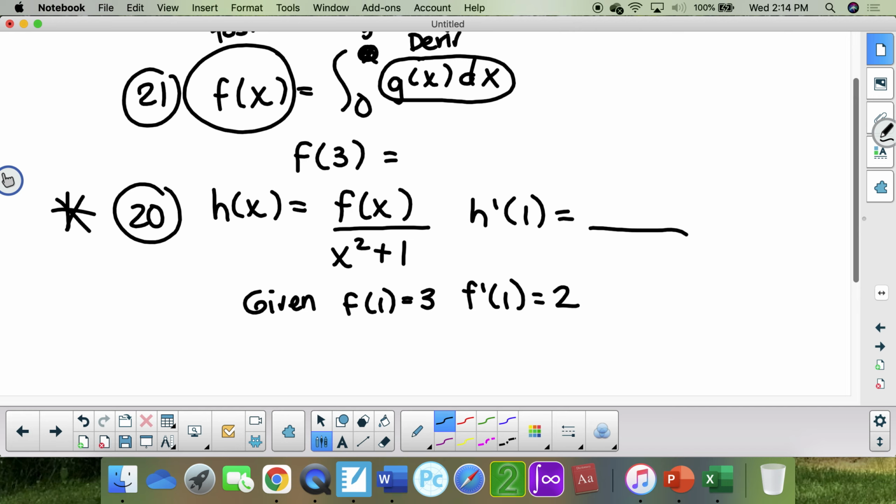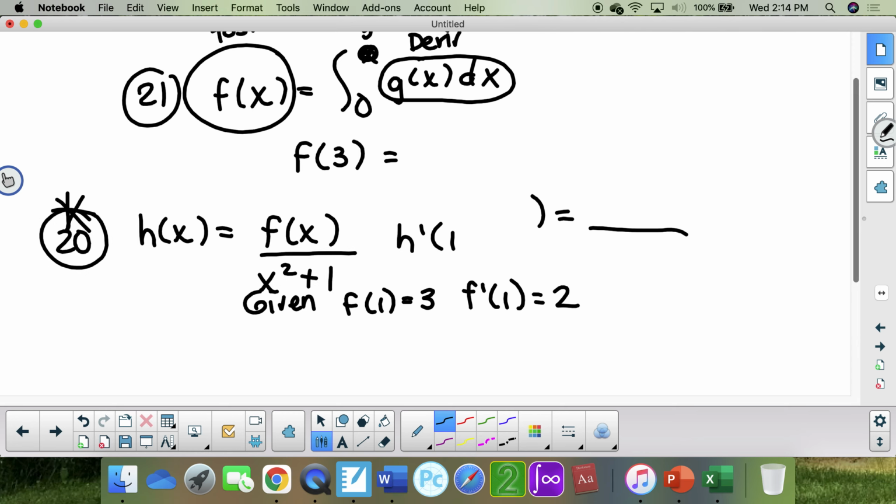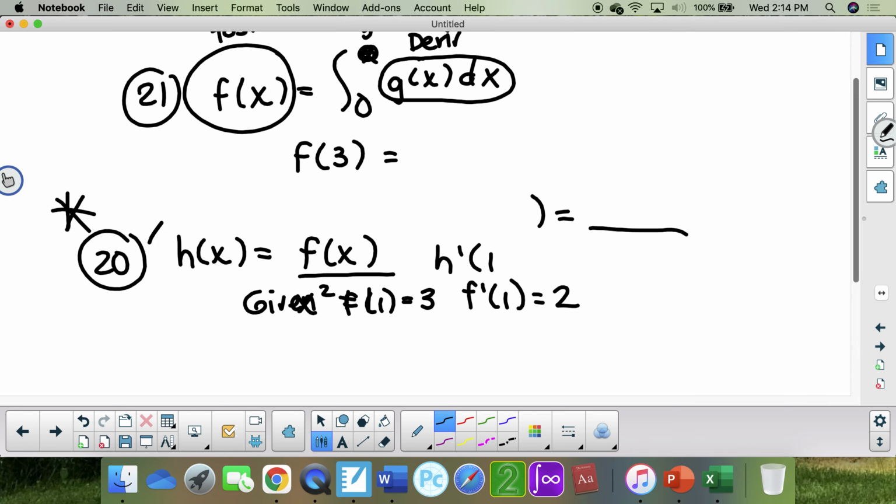So if you saw this on the AP test, and this was a free response question, they give you h of x is equal to f of x all over x squared plus 1, and they want you to find the derivative, correct?